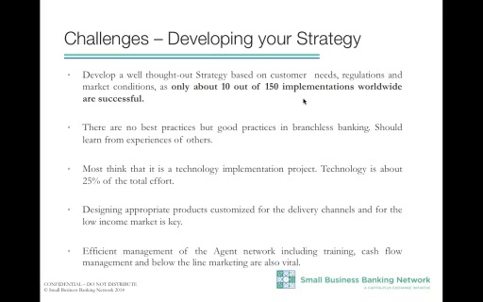One of the main reasons is that you need to build a strategy before you start looking at this. You need to look at all the options. You need to look at what best works for you. What are the products that you need to offer? Are you going to offer these services to a small population?